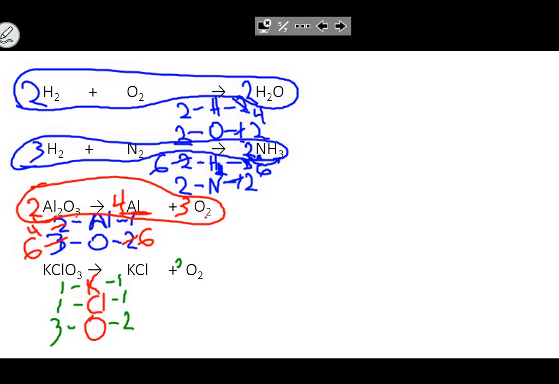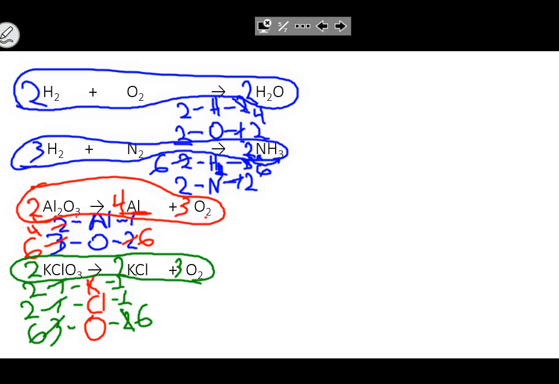So put a 3 here, a 2 there. So oxygen is 6 on both sides. Chlorine is 2. Potassium is 2. My chlorines and my potassiums are out of balance, so put a 2 there. Make sure it's non-reducible. And we got 2 potassium chlorate goes to make potassium chloride and oxygen gas.